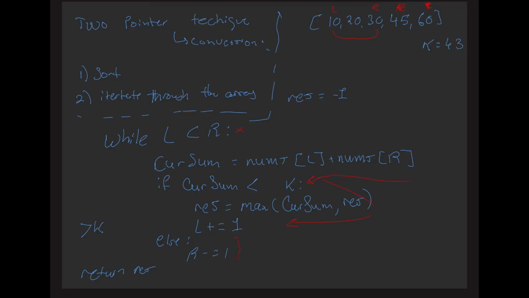So at this point, our result will compute this value, and it'll be 40 since it's less than 43. And we're gonna increment our left pointer. So it'll be right here. And that's gonna be 50. 50 is greater than the K. And we're gonna tell the right pointer to decrement, and that's gonna break the loop. So our result will be 40, and 40 will be what is returned.